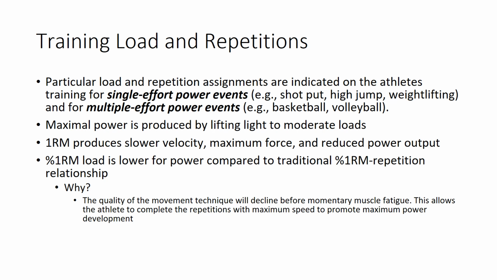So when we look at the percentage based on the 1RM and how it pertains to power exercises, the percent 1RM load is lower for power exercises compared to the traditional percentage 1RM repetition relationship, just because the quality of the movement technique will decline before momentary muscle fatigue. This allows the athlete to complete the repetitions with maximum speed to promote maximum power development.